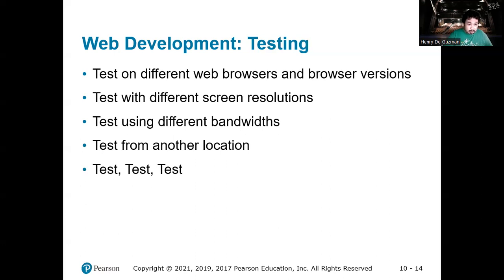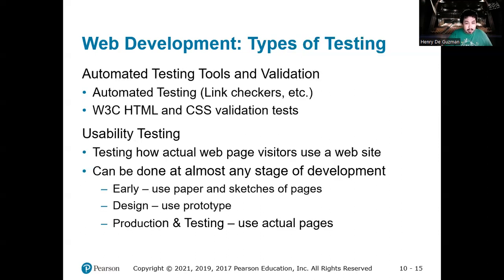And then test from another location. Yan, pwede yan. So we also have type of testing, di ba? So automated testing na pinoprovide ni W3C organization for HTML5 and CSS. Ito yung tinatawag na link checkers and usability testing.